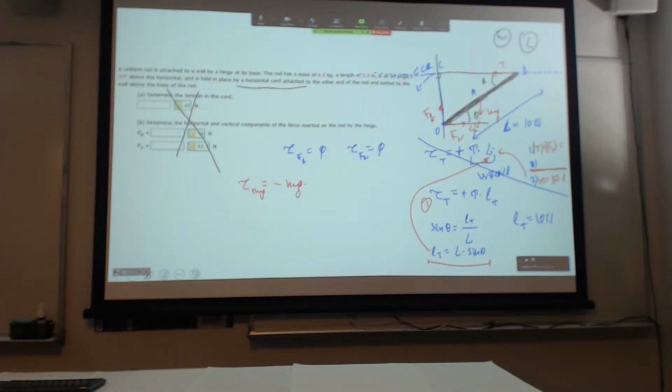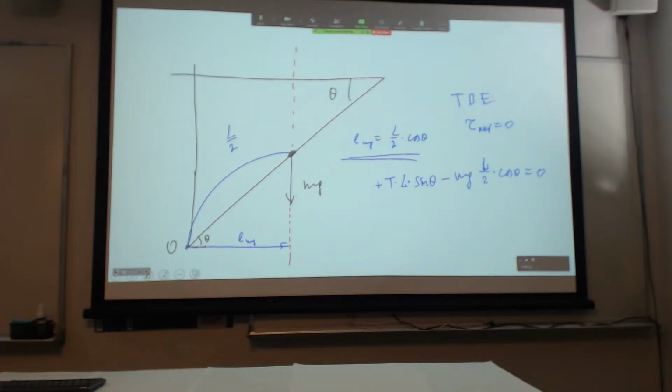So this is the torque number 1 for the tension equals force of tension times length times sine of theta. Okay. And I didn't write it. This is the torque number 2. It's negative.